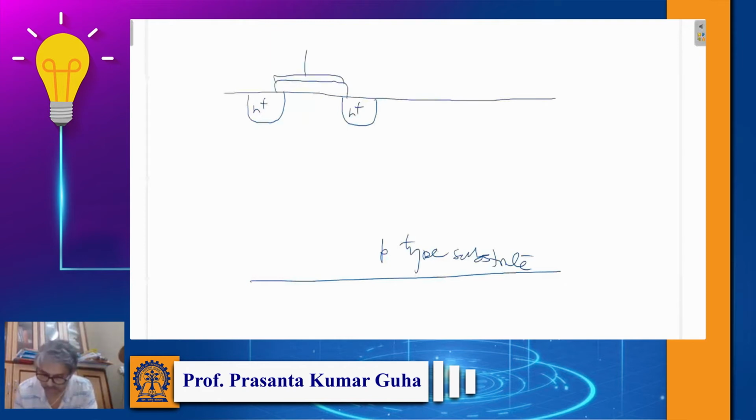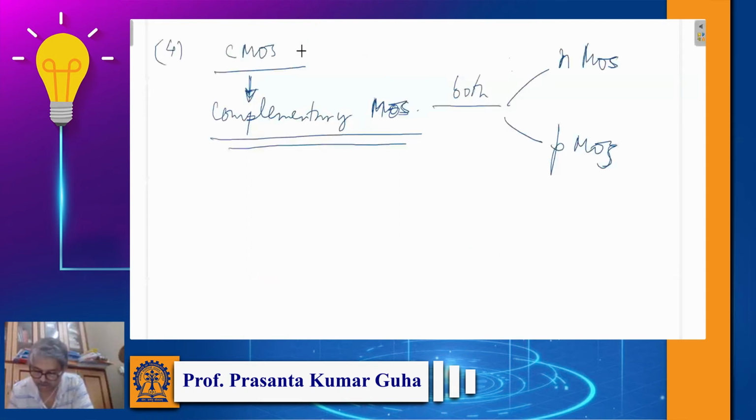Now, on the same substrate I also want to realize a p-channel MOSFET, because in complementary MOS, or CMOS, both NMOS and PMOS will be present in the same silicon substrate. This has huge importance. In your analog circuit class you will learn why CMOS is important, and you will see most of the circuits nowadays are made of CMOS.